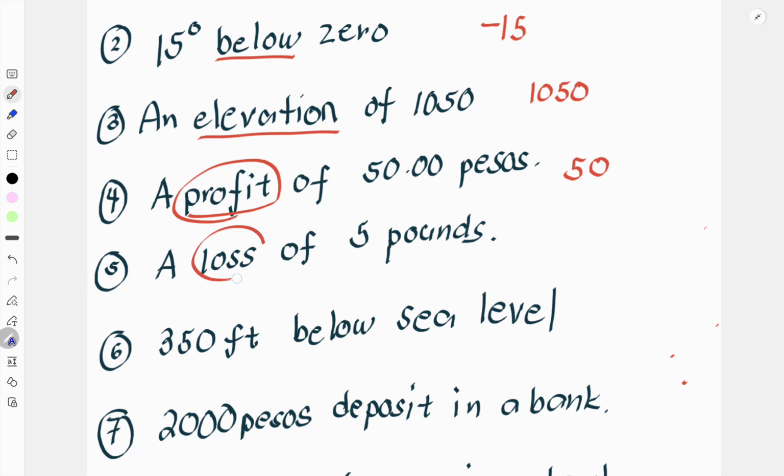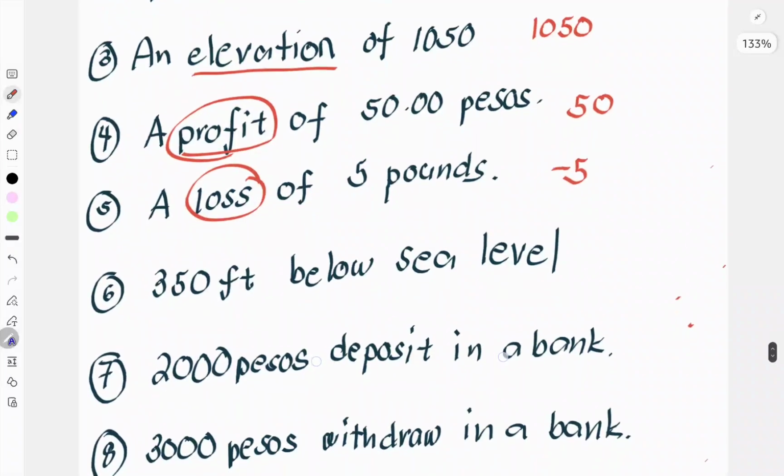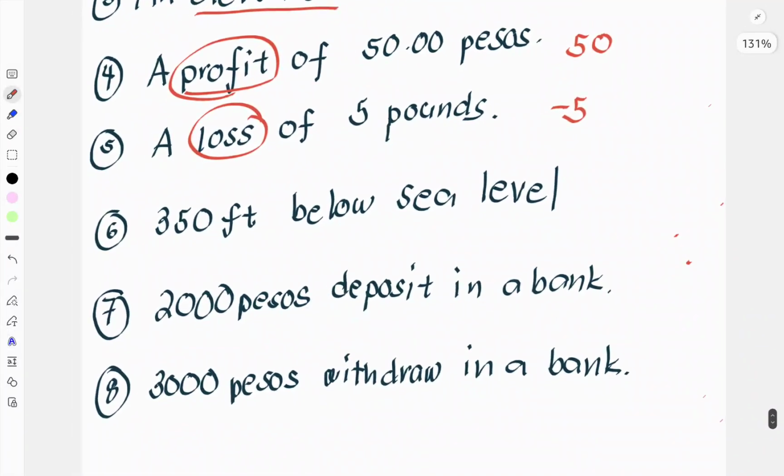When you say loss, it means it was deducted from your weight or mass, so it would be -5. Now, in navigation or in water, we could have 350 feet below sea level. The keyword there is below, so -350 is the integer that could represent it.